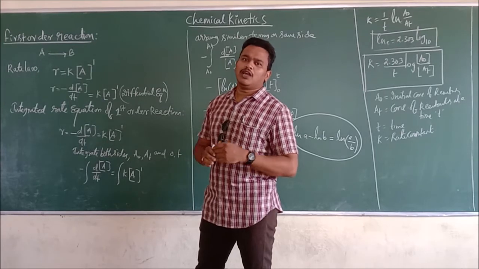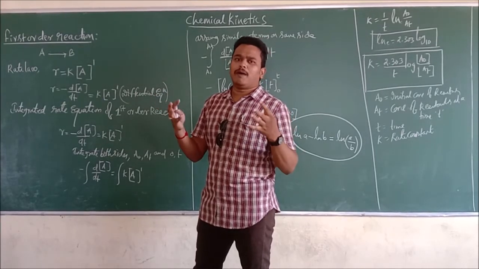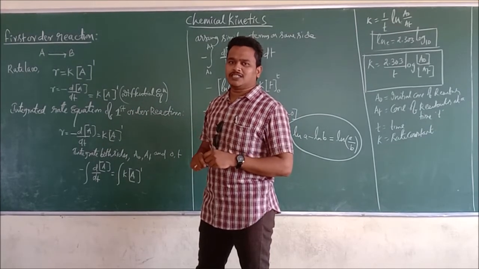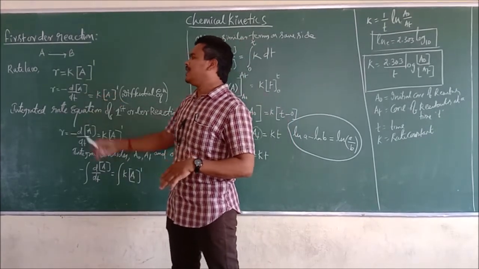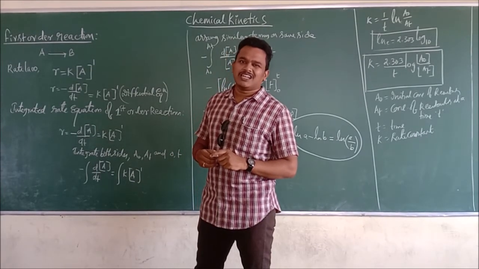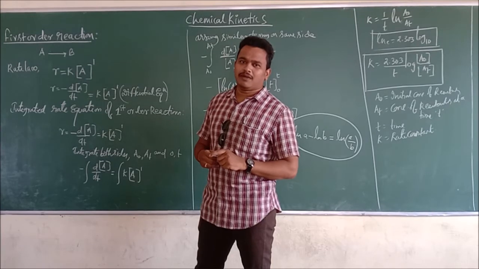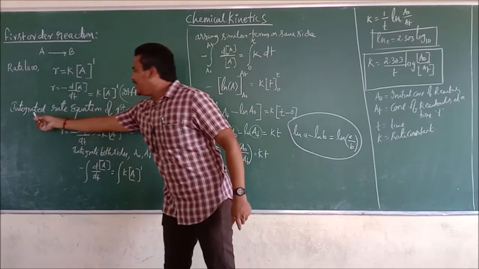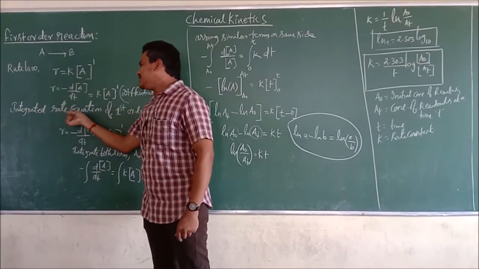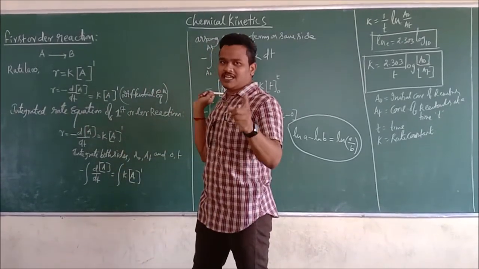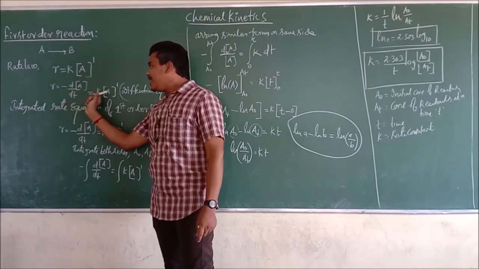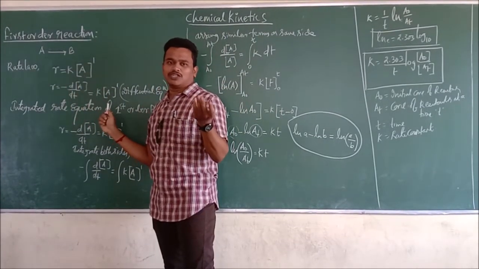Integration is nothing but integrating the small parts combined, giving a very large part. The small part I am going to make a large part, to make the relation between concentration and time t. Why are we deriving this integrated rate equation? What is the necessity? We know the differential equation, but in the differential equation there is no relation between time and concentration.